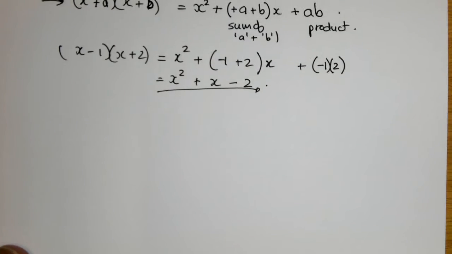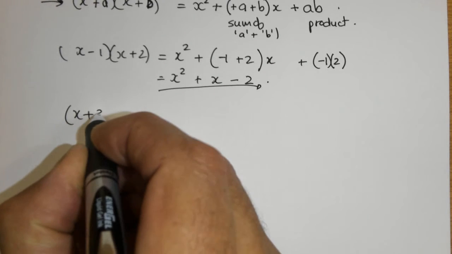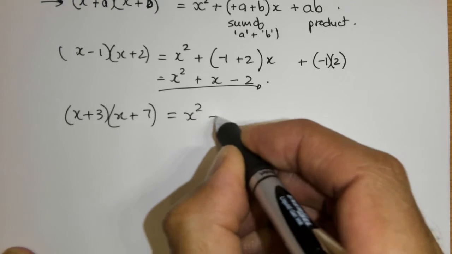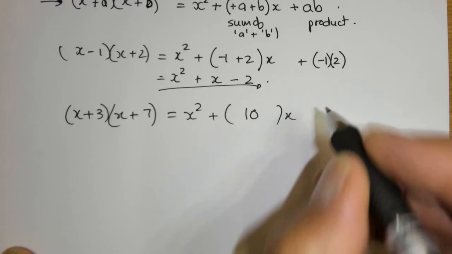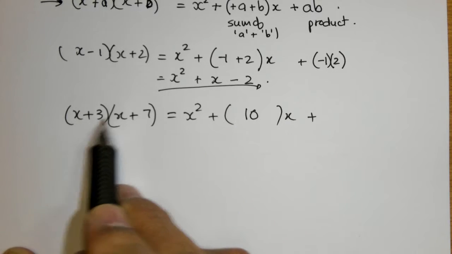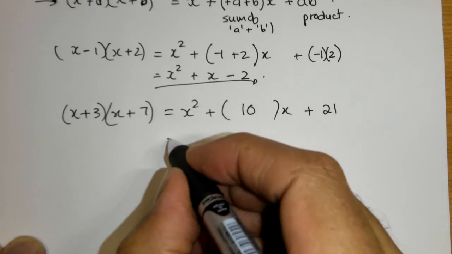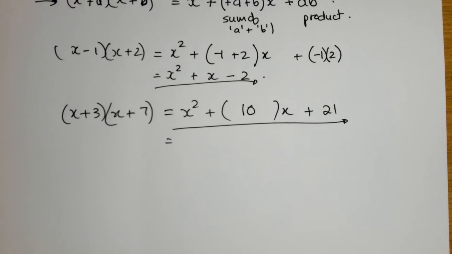Some of this type of thing you can do in your head, folks. Quite easily. Let's look at another example. x plus 3 times x plus 7 is x squared plus 3 plus 7 is 10x plus 3 times 7 is 21. So we have x squared plus 10x plus 21.